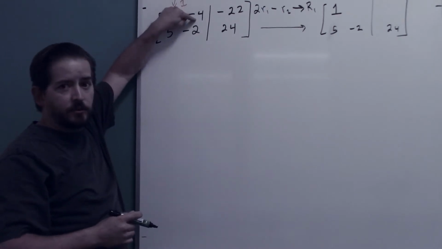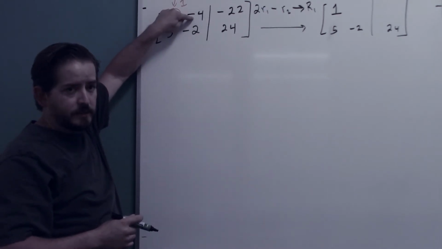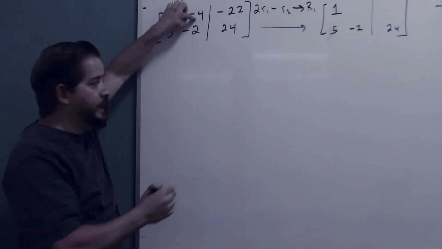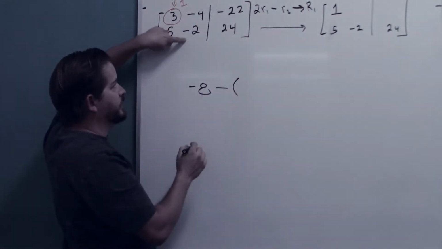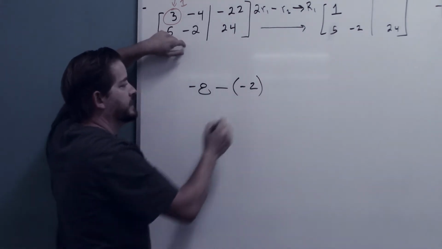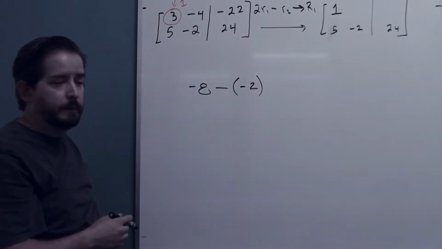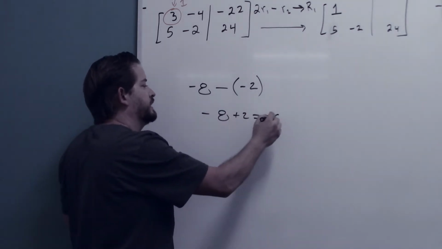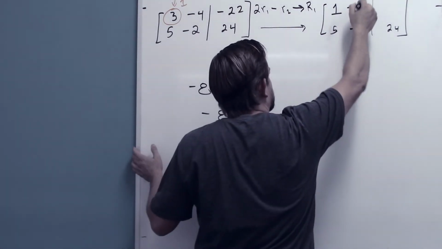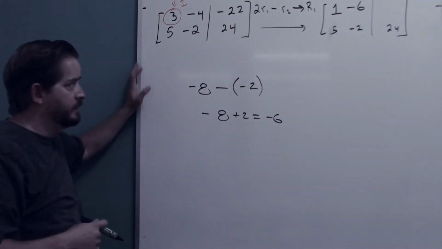Double the element in row 1 here, double negative 4 is negative 8. And then I'm subtracting the element in row 2, so I'm subtracting negative 2, right? So that is to say I have negative 8 plus 2, which is negative 6. And that goes in that place for my new row 1.